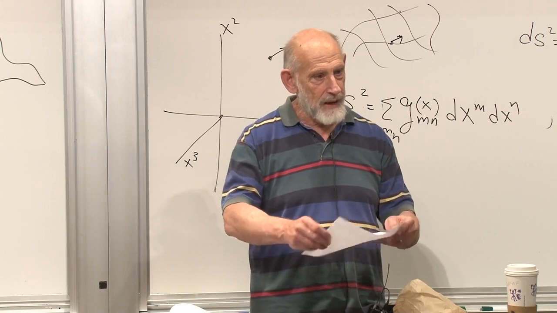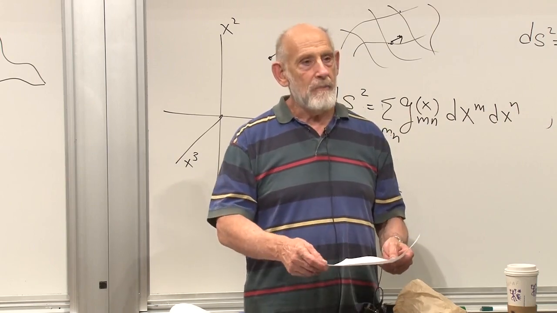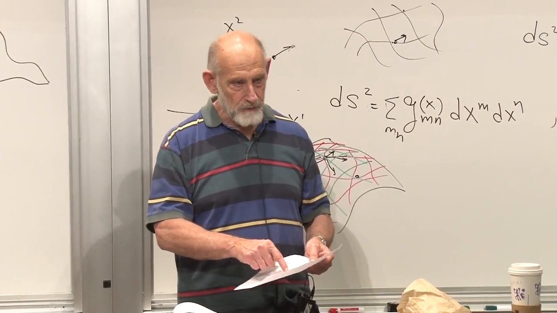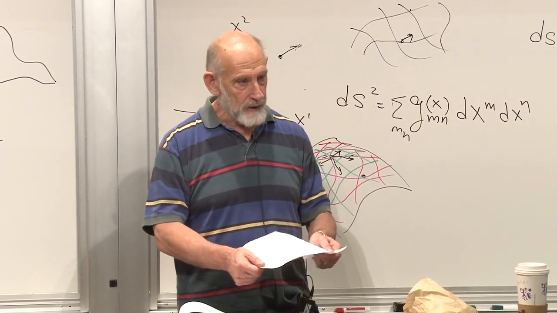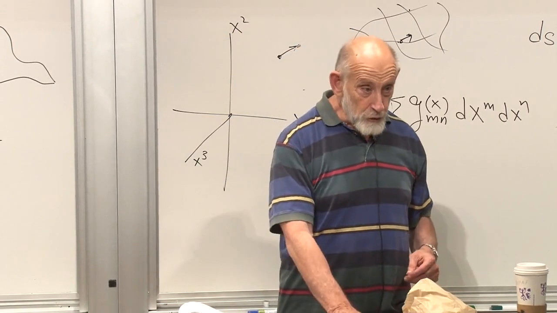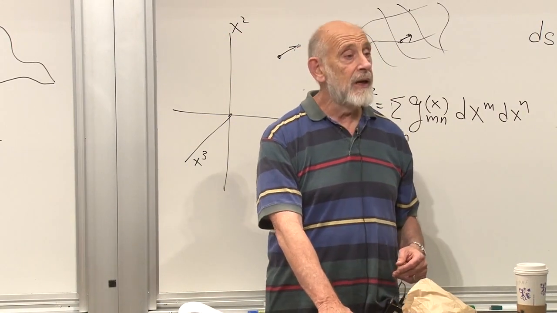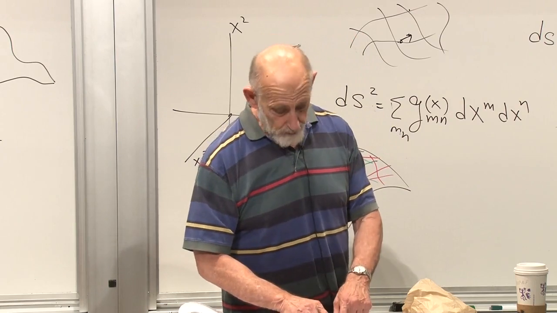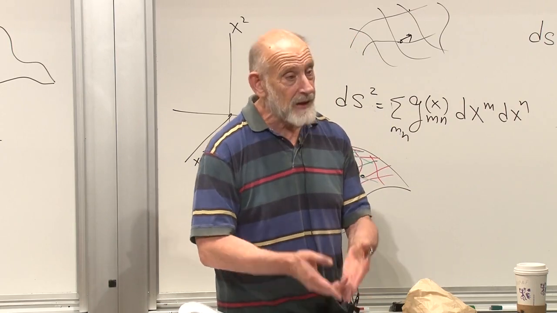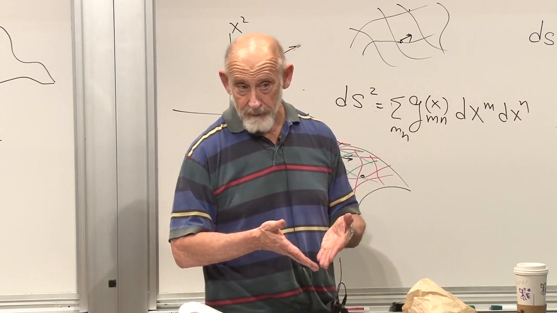All sorts of different embeddings of the same surface. But the intrinsic relationships between the points on the surface are independent of how we bend the surface. So we're talking about intrinsic geometry, geometry that would be measurable by a little creature that only gets to move around on the surface and doesn't get to look out of the surface.